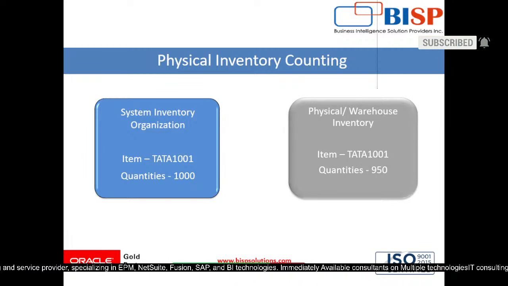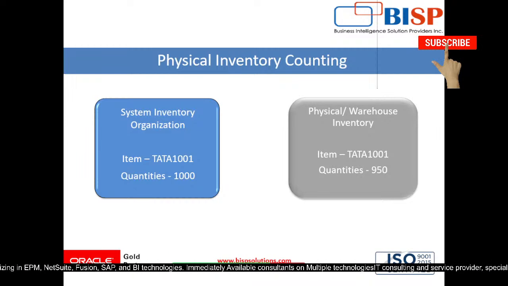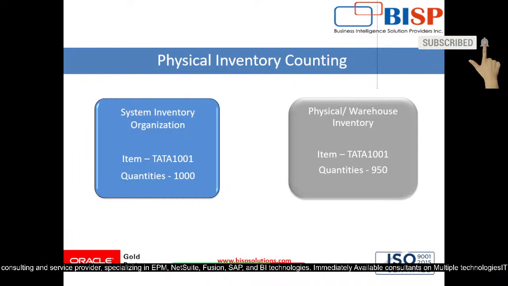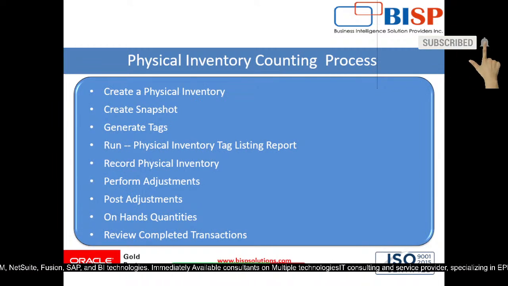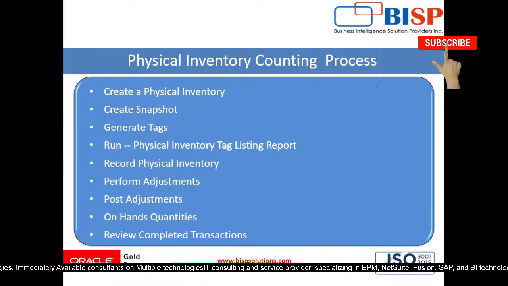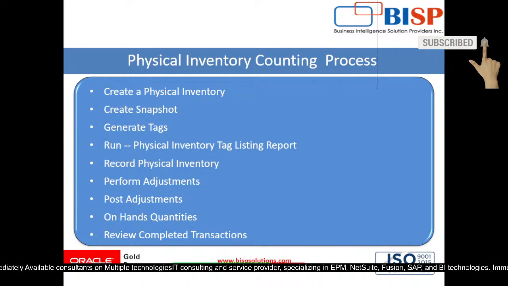But in our physical inventory, you can say in the warehouse, the physical inventory count and the system inventory organization count are the same, right? So we have some setups like create physical inventory. We have to create the snapshot one by one so that we can complete the physical inventory counting in our application, right?